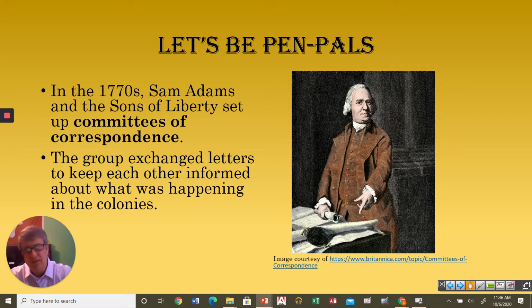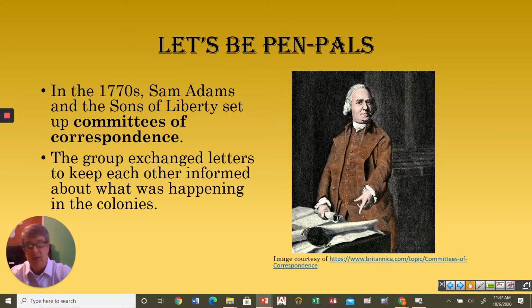All right, so in the 1770s, Sam Adams, Sons of Liberty, those groups began exchanging letters with each other to keep each other informed about what was happening in the colonies. Remember, this is way, way before cell phones and TikTok and Instagram and Facebook and texting and all that sort of thing. All right, you had to keep people informed.